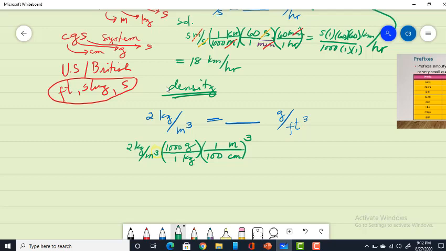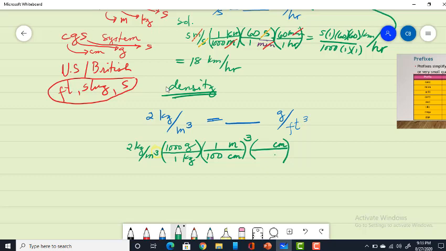But the centimeter is not yet our aim. We need to convert centimeter to feet cube, remember. So let's continue. Another quantity equal to 1, and then focusing on the centimeter, converting this unit. So why not make another detour? Another detour for practice.